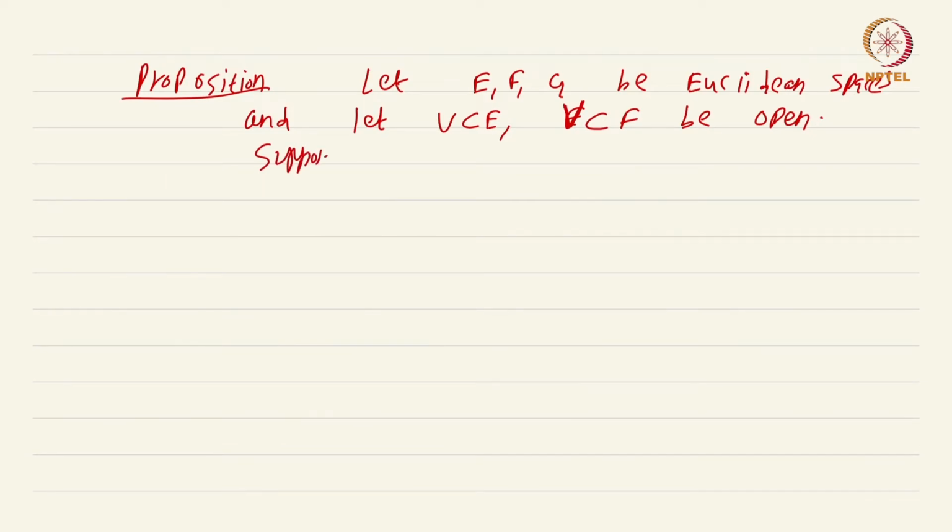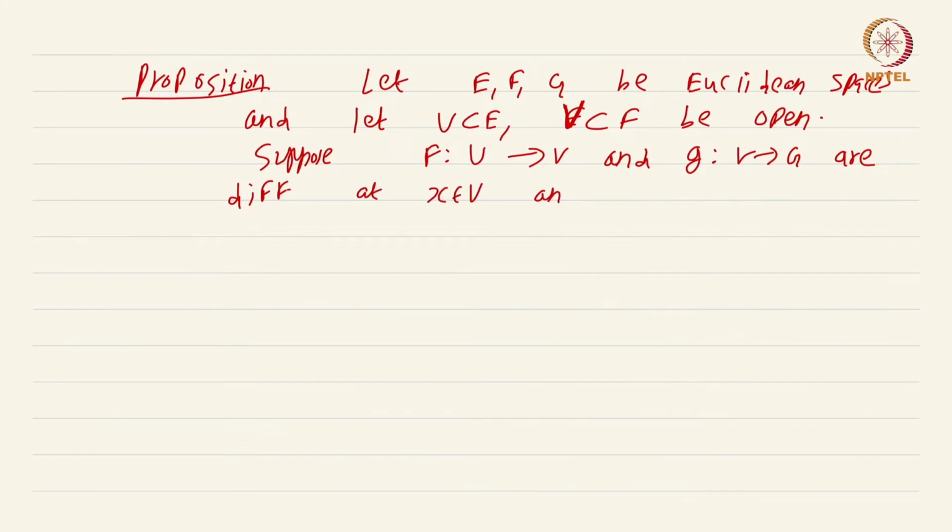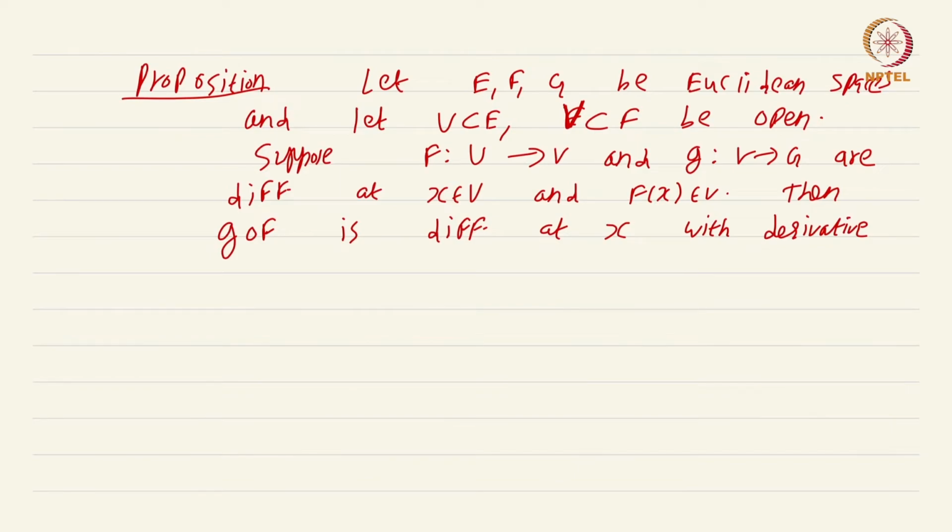Now suppose f from U to V and g from V to G are differentiable at x in U and f(x) in V. Then g composed with f is differentiable at x with derivative d(g∘f)(x) equal to dg(f(x)) composed with df(x). This is the linear map which is going to be the derivative.